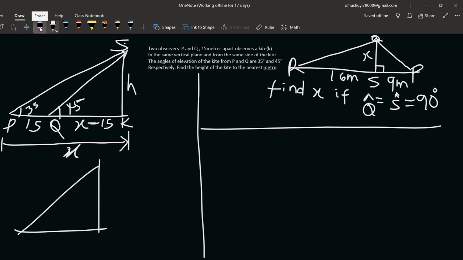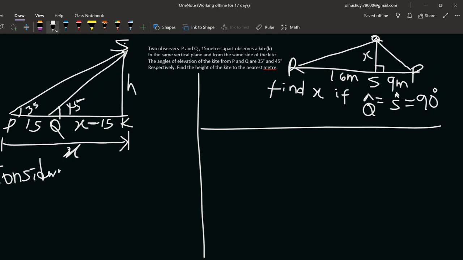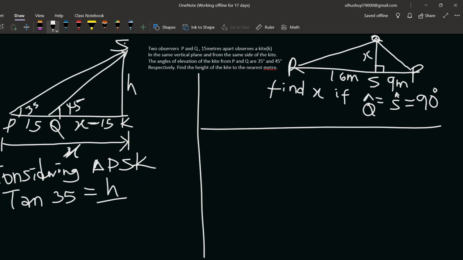Opposite over adjacent: tan 35 will be equal to h, the height, upon the whole distance x for the whole triangle. This is triangle PSK.